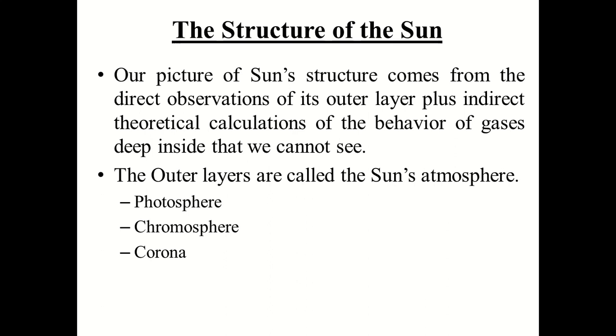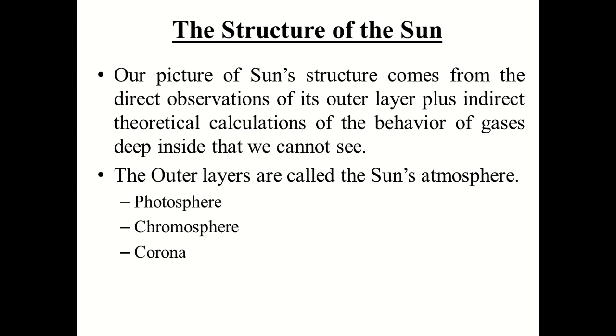Actually, this picture of our sun's structure comes from direct observations of its outer layer and indirect theoretical calculations of the behavior of the gases deep inside the sun, which we cannot see. So we will discuss the outer layer of the sun, which is called the sun's atmosphere.